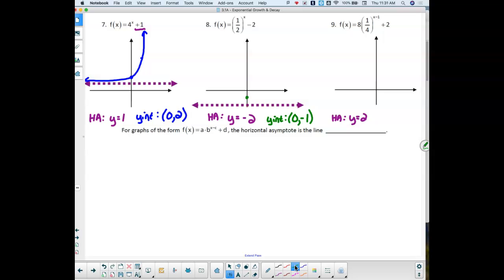Is it a growth or is it a decay problem? The decay, so that means it's going to go down, right?